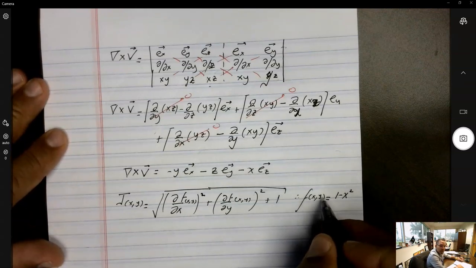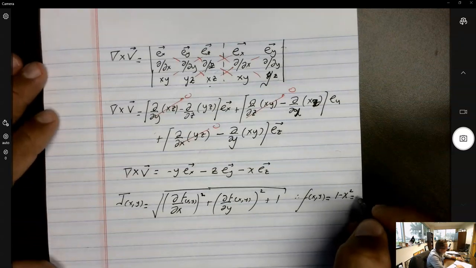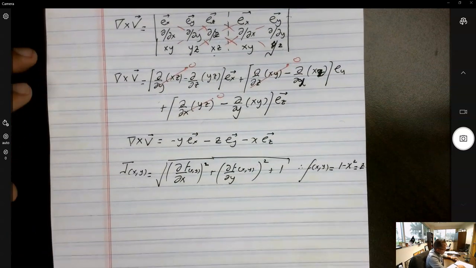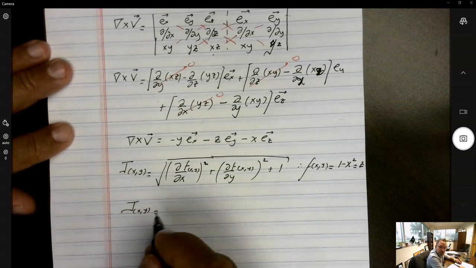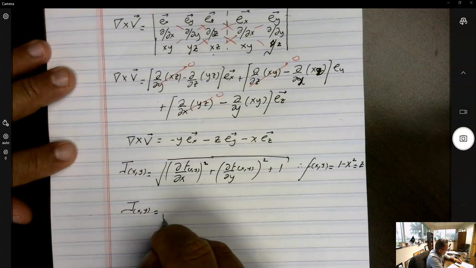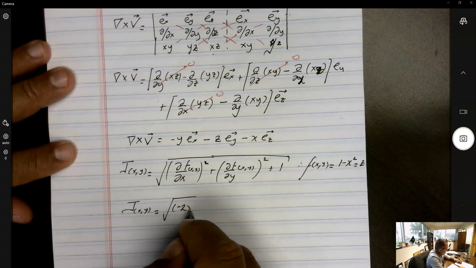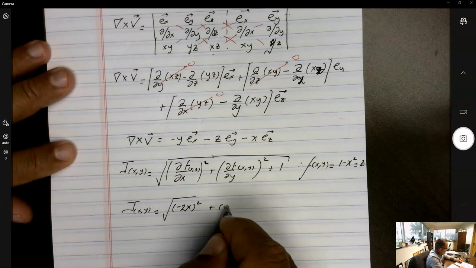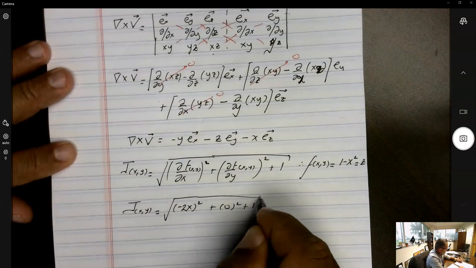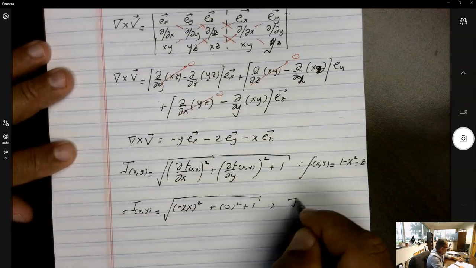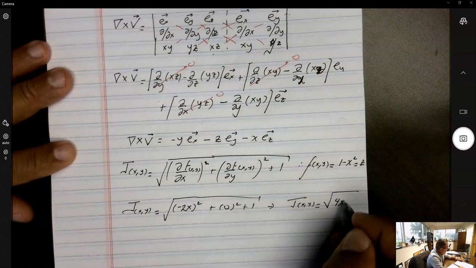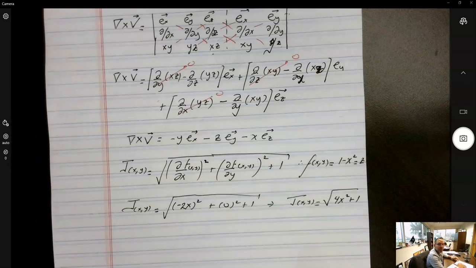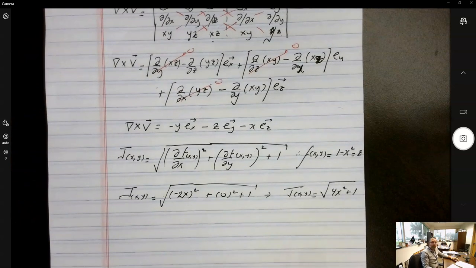So it's a function of x, but there's no variability with respect to y, and that's equal to z. All right. So the Jacobian on the xy plane is equal to the square root of minus 2x squared plus 0 squared plus 1, and that just happens to be the square root of 4x squared plus 1, which always works out to be exactly the same as the denominator of the normal vector.